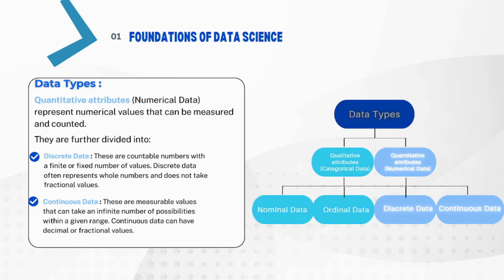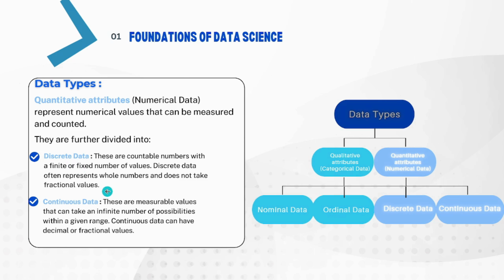Now, what is quantitative data or numerical data? Numerical data represents numerical values that can be measured and counted. They are further divided into two main groups: discrete data and continuous data.